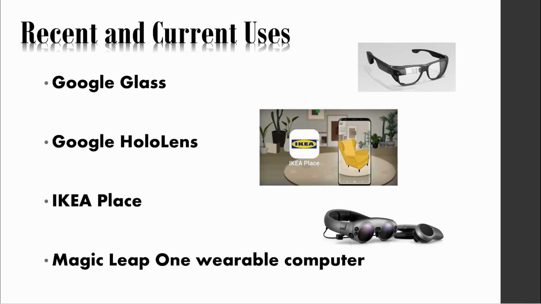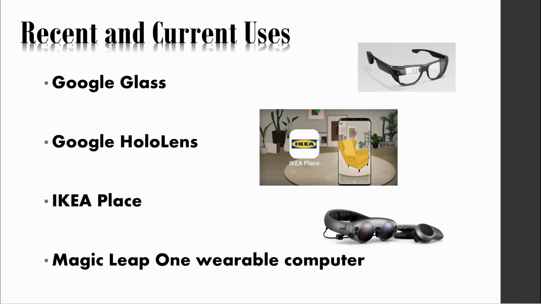And the cool thing about this is it actually lets users make up their own augmented reality experience by scanning their physical environment and allowing them to modify their surroundings with virtual objects. Then, in 2017, IKEA puts out their AR app named IKEA Place.